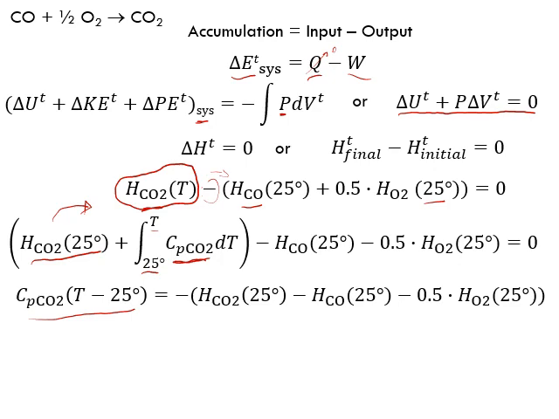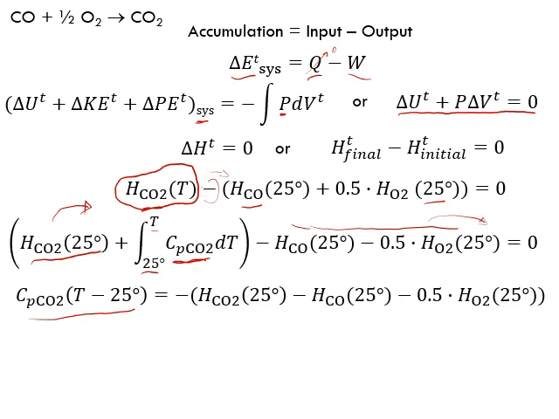When we take this to the other side, we can rearrange it this way. We take these to the other side as well, and rearrange it, and we write it this way: minus HCO2 at 25 minus HCO at 25 degrees C again, minus 0.5 multiplied by HO2 at 25 as well.